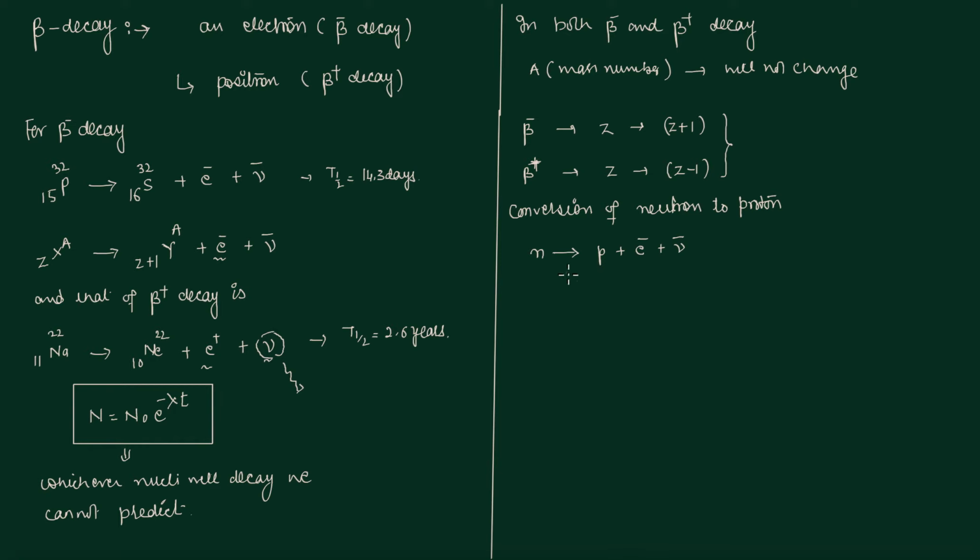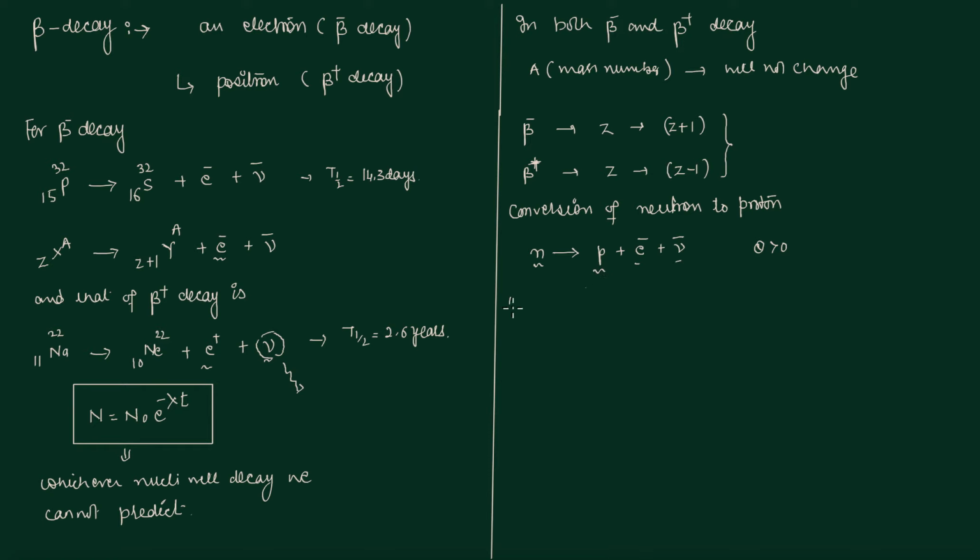In this case, the Q value of the reaction is greater than 0 because the mass of the neutron is greater than the mass of the proton.